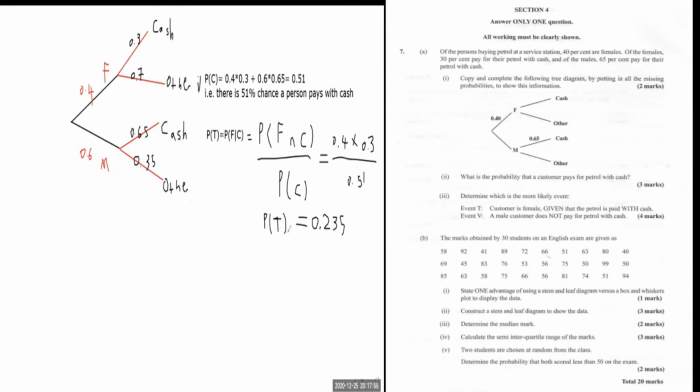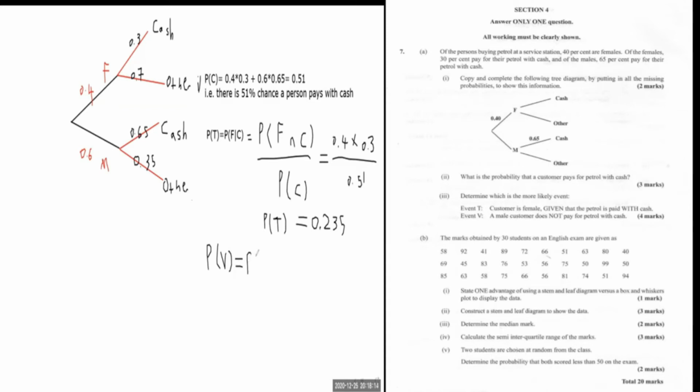So now let's say the probability of event V occurring, which is a male customer who does not pay for petrol with cash. So the probability of V, which is a male customer who does not pay with cash.